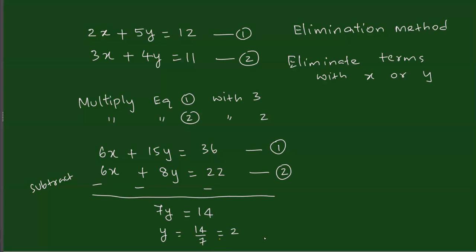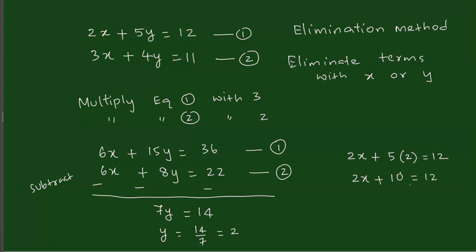Once you have y, you can substitute the value of y in one of the equations. Suppose you substitute the value of y in the first equation. I get 2x plus 5 into 2, that is 10, equal to 12.